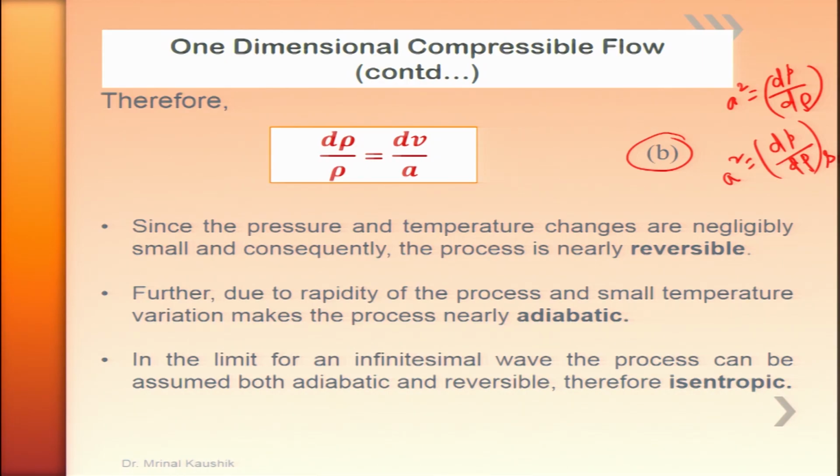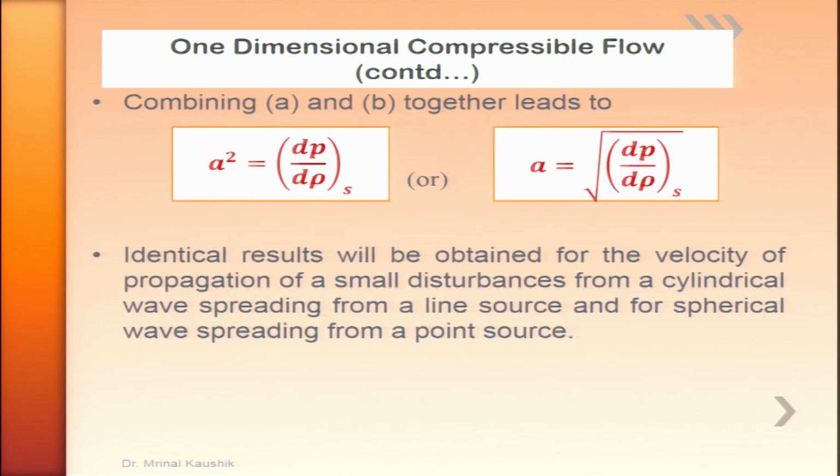In the next slide, a squared is equal to dP by d rho at constant s. This implies that a is equal to the square root of dP by d rho at constant s. Now, this is a general speed of sound relation for any gas at constant entropy.